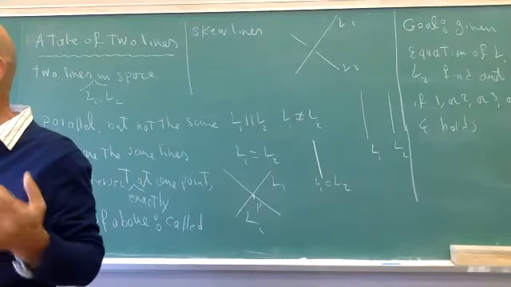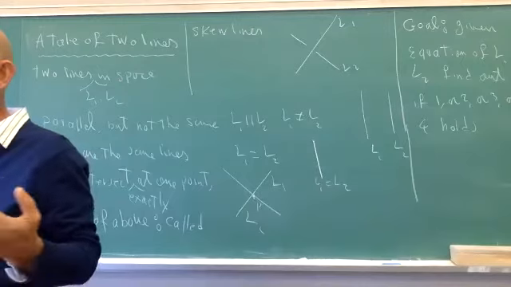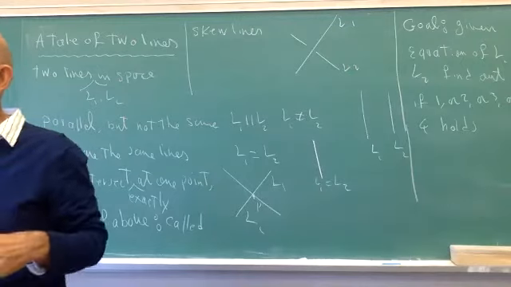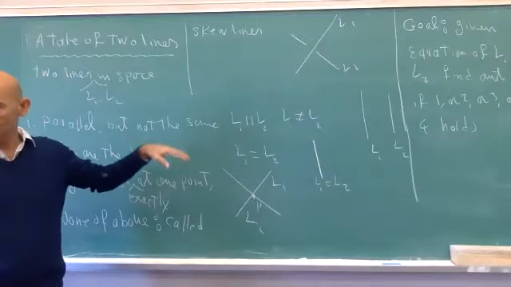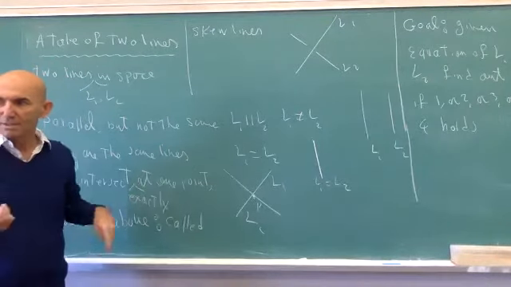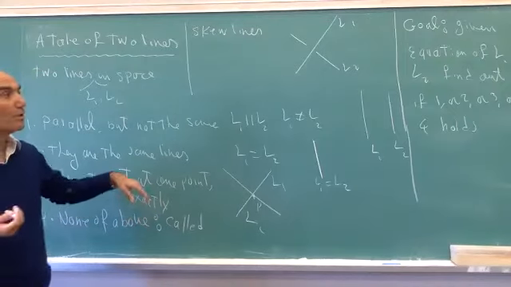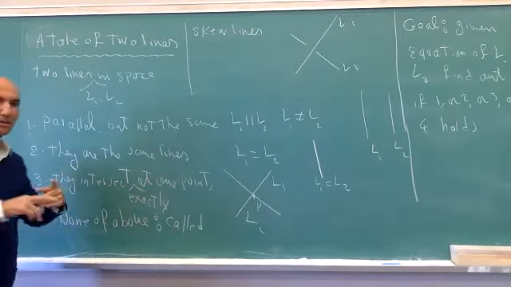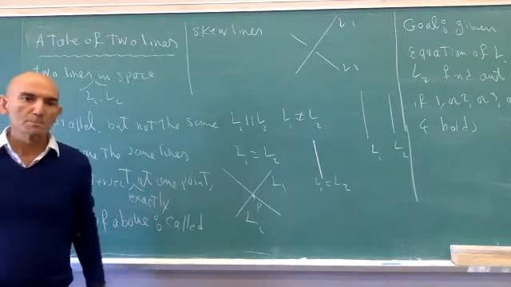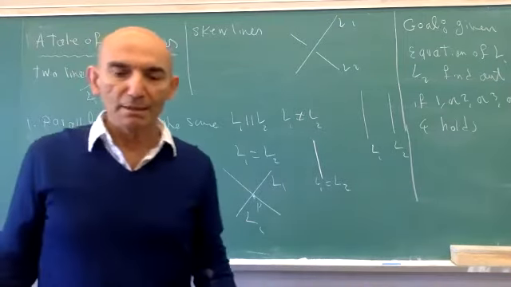I'm not asking about exact definitions or proofs or anything. So you think most probably they're going to be parallel but not the same? Oh, 4, you said 4. So none of these 3 cases, just skew. From the audience, any answers?